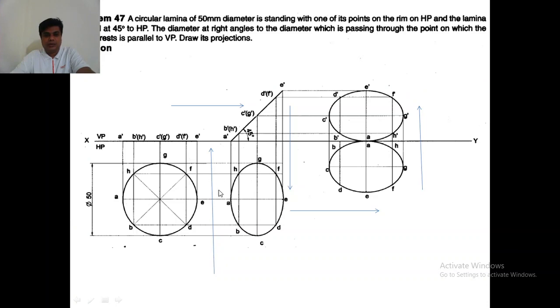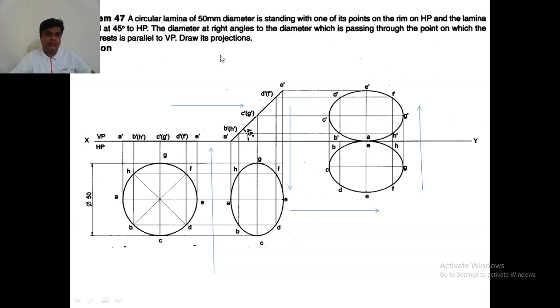This cycle you just remember in all the problems, it will be the same when the plane is inclined to HP. Now we will see how to draw this manually and solve this problem, that is how to draw the front view and top view in these conditions.